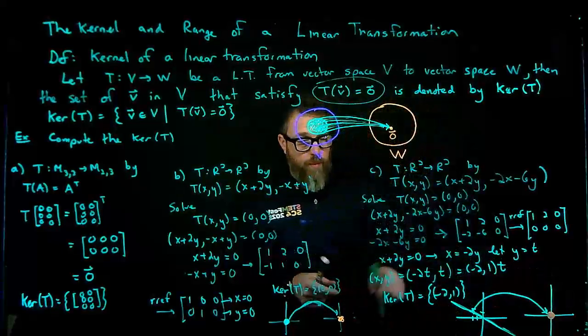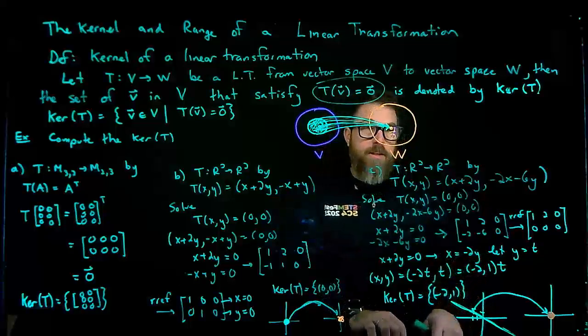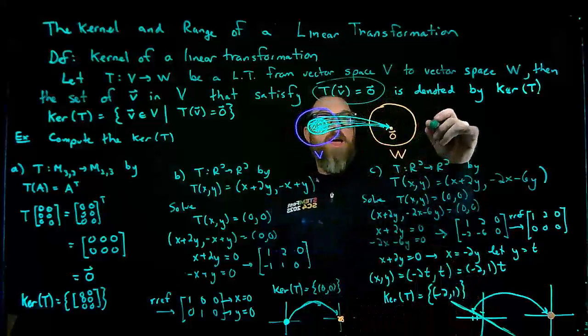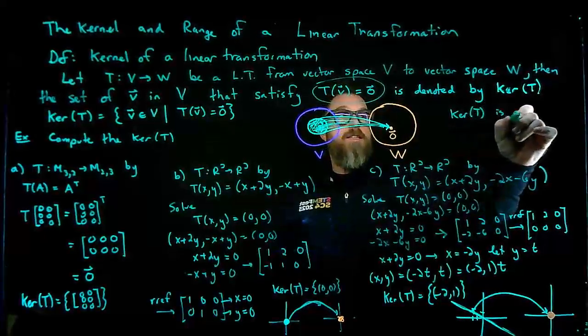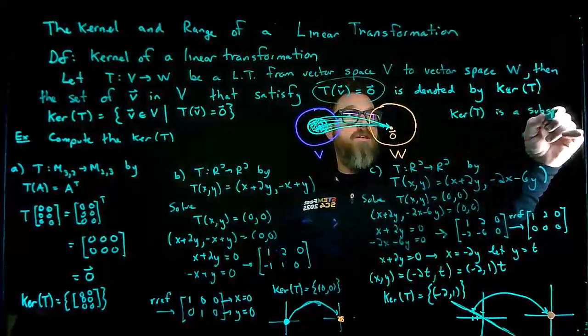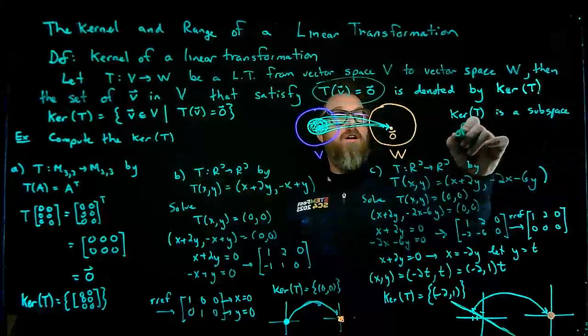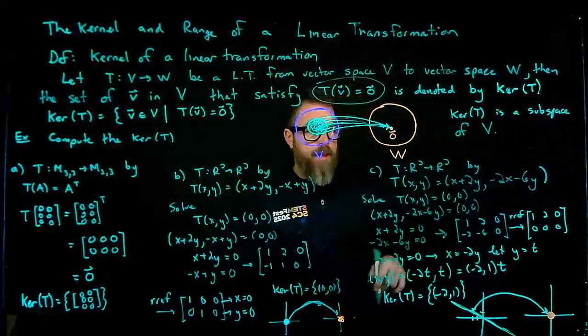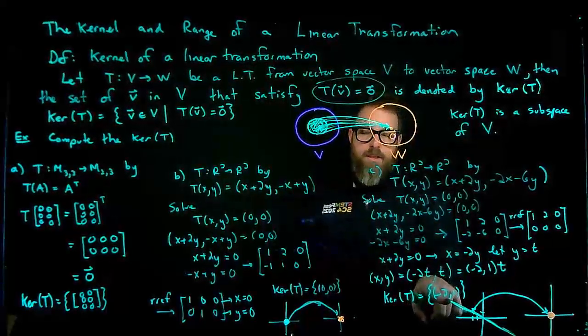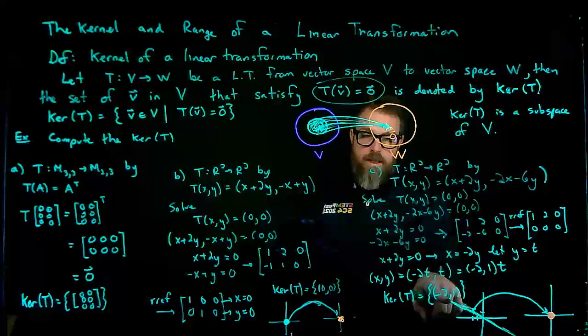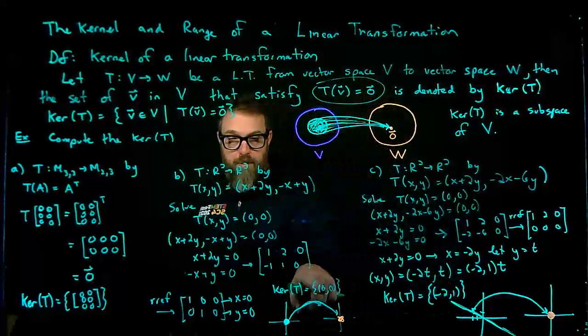So moreover, what we have is the kernel of T. So really what we have is that the kernel of T is a subspace of V. And we proved it. This is a basis of a subspace, and this is a vector in V. This is a basis of a subspace.